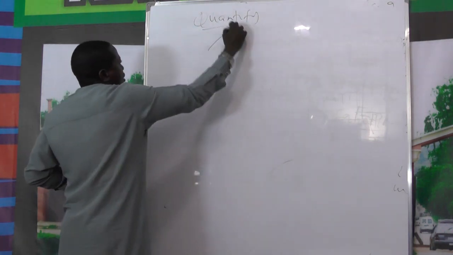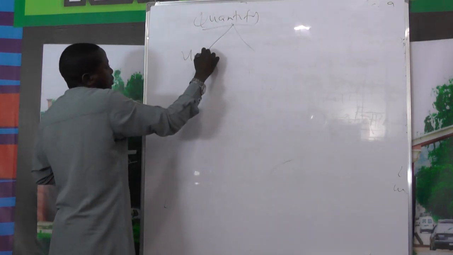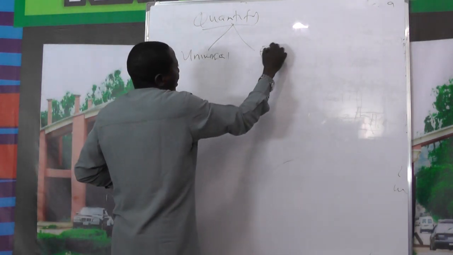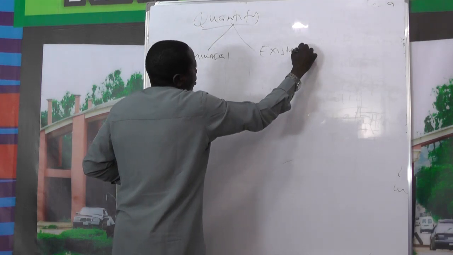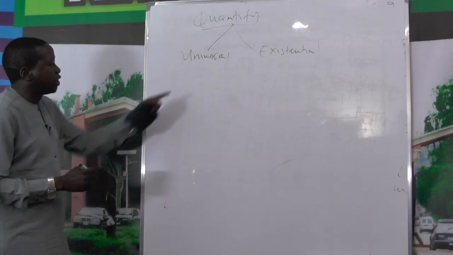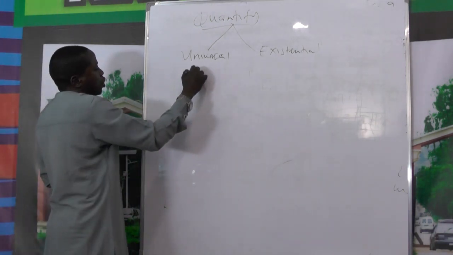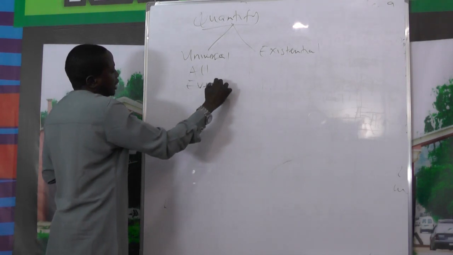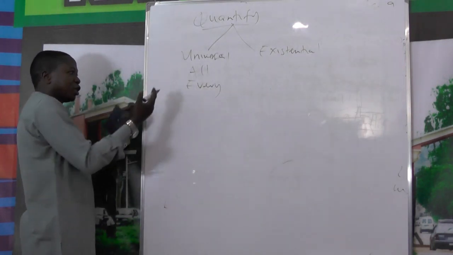This one leads to universal, and this one is the existential quantifier. For universal, we are using the words all, every.